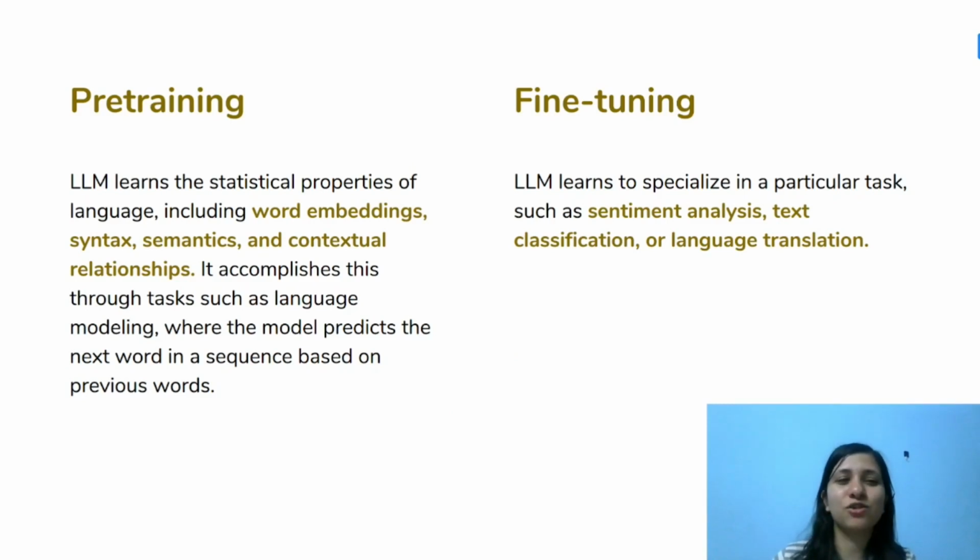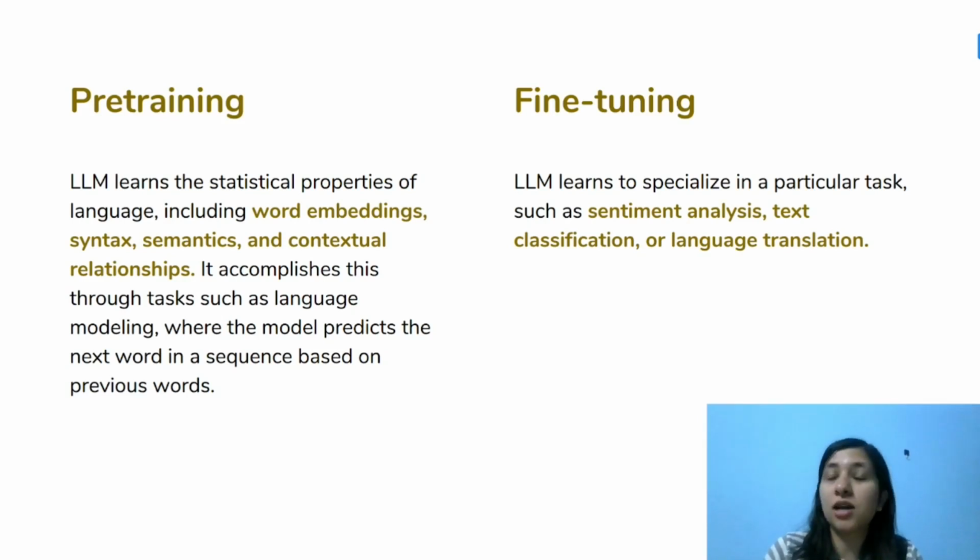Similarly, in a large language model, during pre-training, we train it with a large dataset from text documents, websites, etc. Here the model learns a general understanding of the language, like word embedding, syntax, semantics, and contextual relationships.